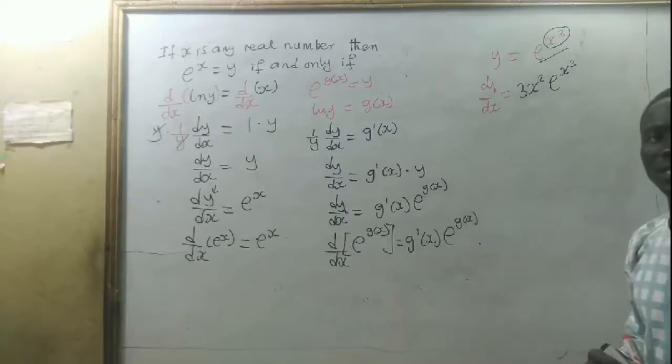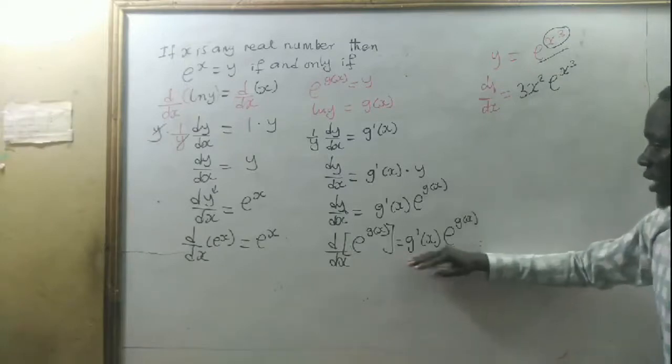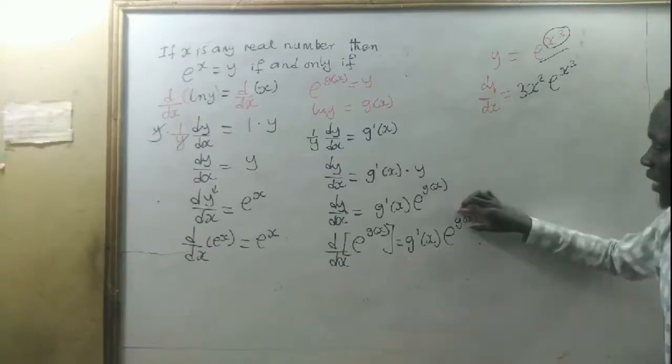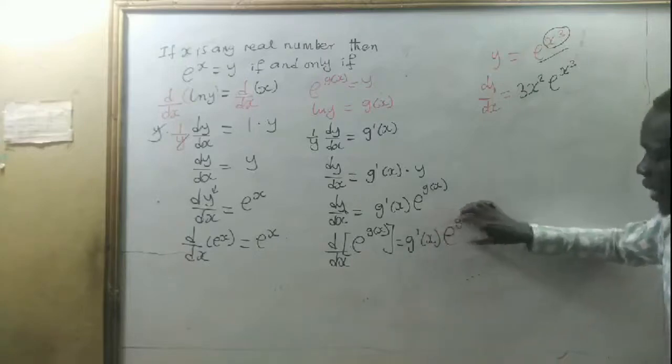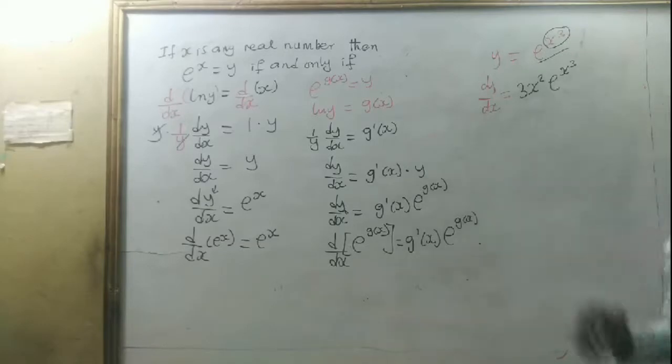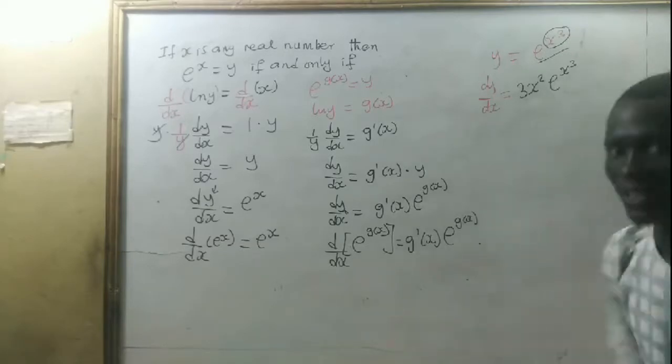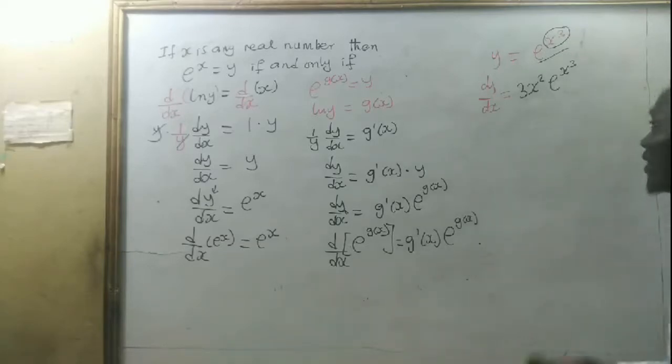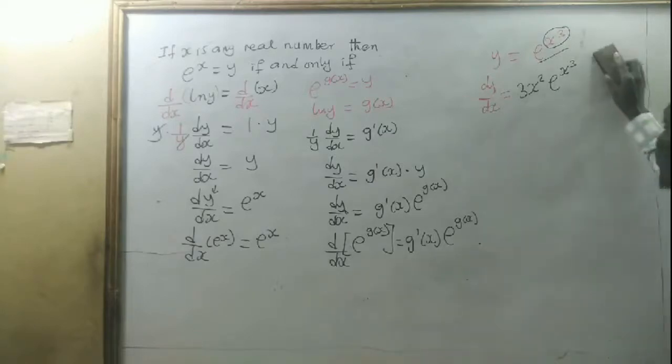Very simple as that. We take g of x, we differentiate it and multiply it by the original function. Or we can let this equal to u and go through the chain rule procedure. These are just the beginning. So let's start with more difficult ones.